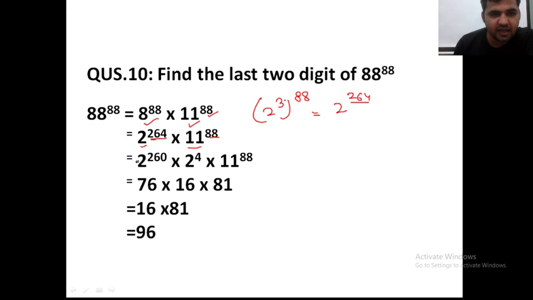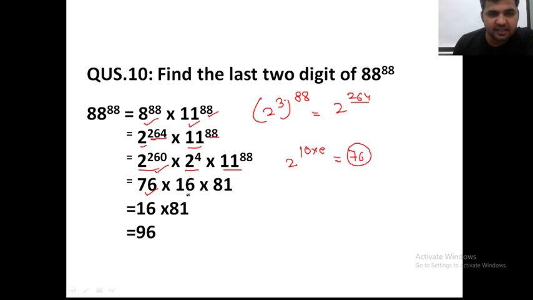Now here again 2 power 264 can be written as 2 power 260 into 2 power 4 into 11 power 88. Here you are using rule number 1, which states that if you have a number as 2 power 10 into even, the last two digits would be 76. So you will have 76 as its last two digits.